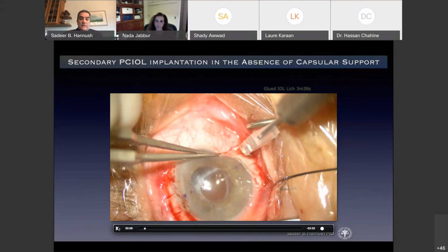If the lens disappears from view, then you have to decide, is this something you want to handle, or do you want a retina colleague to join you on the case, or do you want a retina colleague to do the whole thing? Okay, very important. You do not want to meet the patient in the operating room and not be able to see the lens behind the iris plane.